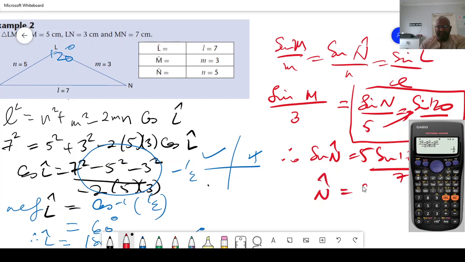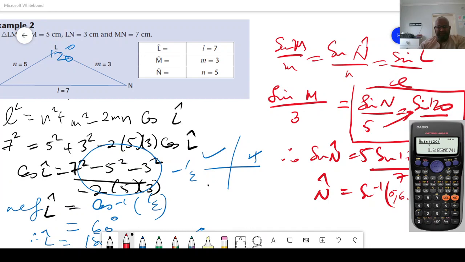So we've got arcsine of the ratio I'm going to get here now. Let's just work this out. That's going to be 5 sine 120 over 7. So that's going to give us 0,6, and the number of course carries on. Okay, let me just see if you guys can see this.